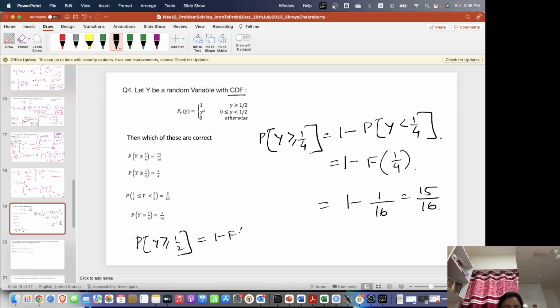This is 1 minus F of half, that is 1 minus 1, that is 0. So this is not true. So the third one is this one.